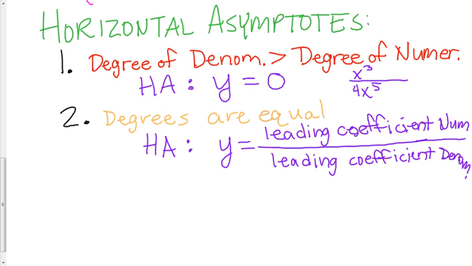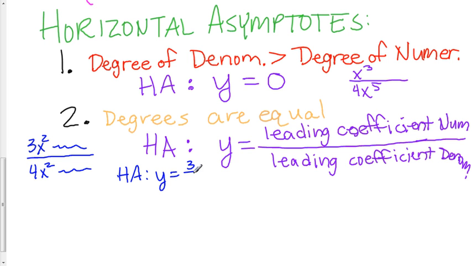So for example, if you had something like 3x squared and some stuff after it, and in the denominator it was 4x squared and some stuff after it, your horizontal asymptote would be y equals 3/4, because those are the leading coefficients.